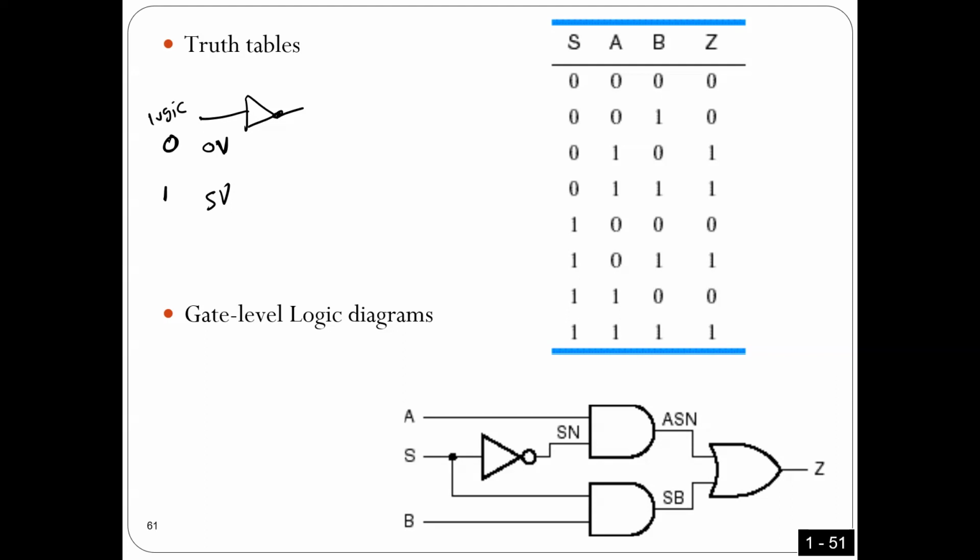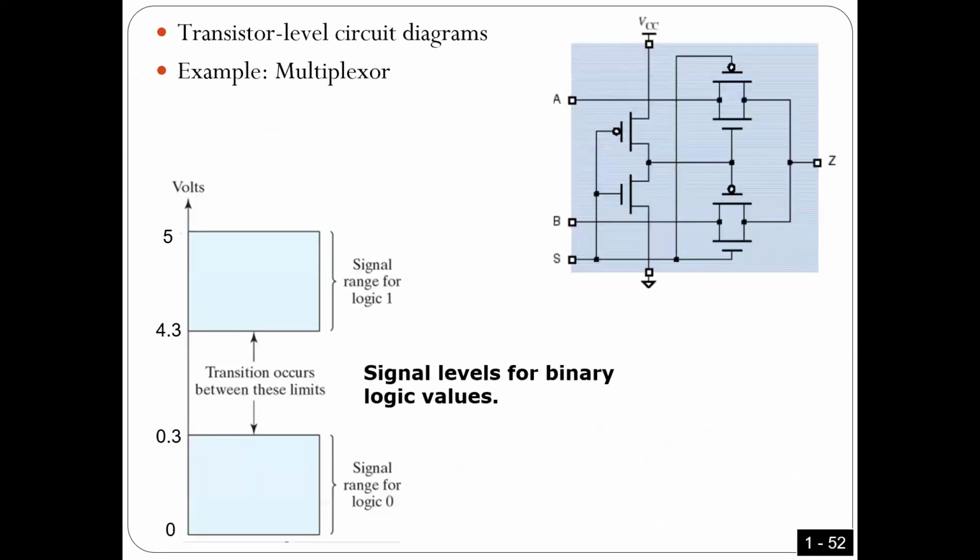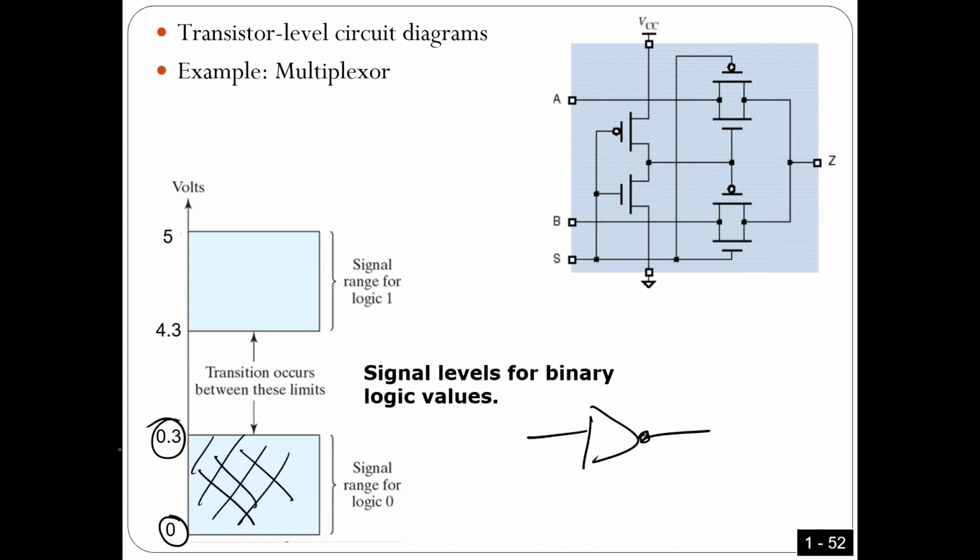But to be more accurate, it's not only one value, it's a range of values. For example, if you have an inverter and you input any voltage between 0 and 0.3, this is considered logic 0.